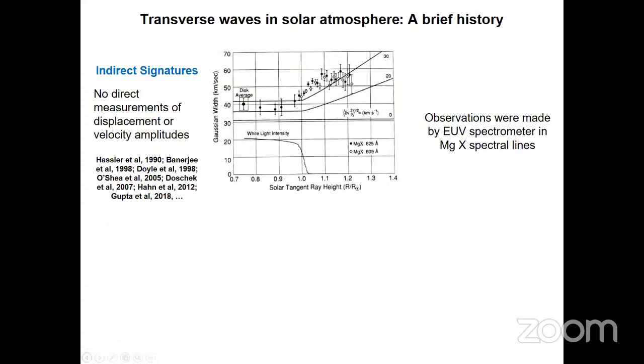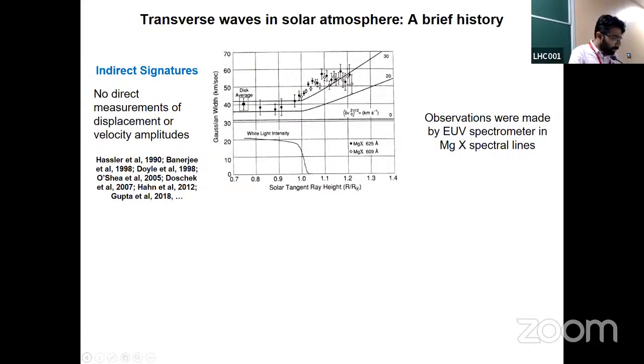But before going into that, I will briefly introduce the history of transverse MHD waves in the solar atmosphere, just for the sake of completeness. So the waves were discovered long back by Alfvén, but then the indirect signature of waves started coming after the launch of Skylab in the early 1970s.